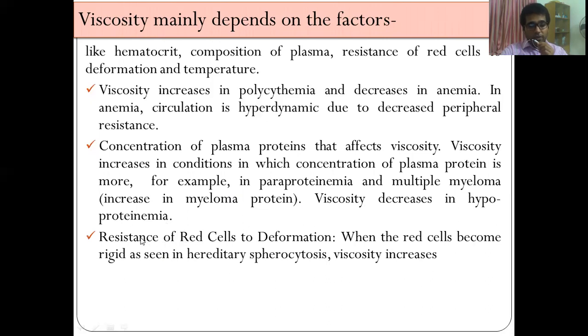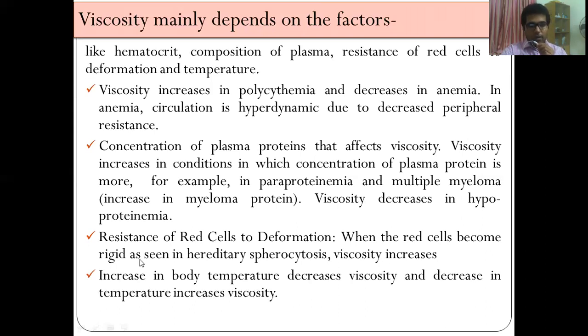The next factor is resistance of the red cells to deformation. The red cells become rigid, as seen in hereditary spherocytosis. Due to these deformed RBCs, the viscosity increases and thereby increases the peripheral resistance. And the last factor is that an increase in body temperature decreases viscosity and thereby decreases peripheral resistance.